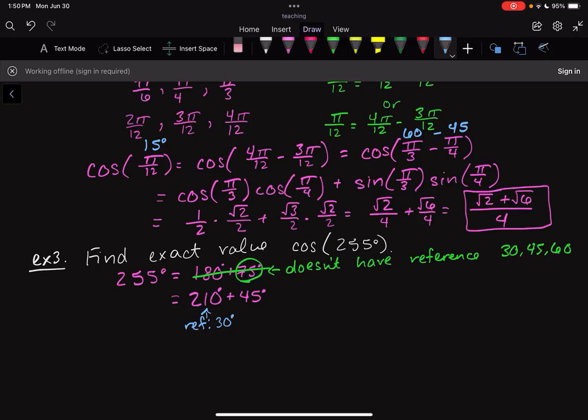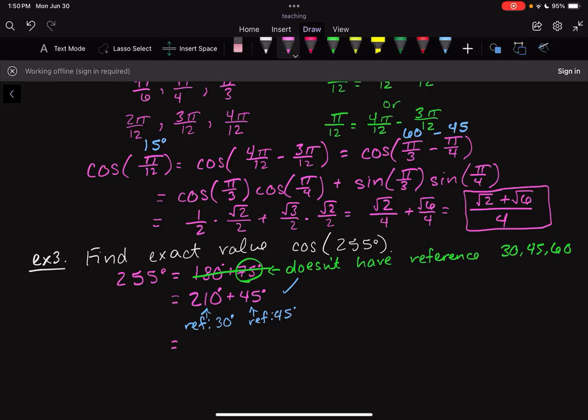So 180 to 210 is 30 degrees, so it has a reference of 30. And then 45 has a reference of 45 because it's just 45 degrees. So this one would be good. That's a good option.